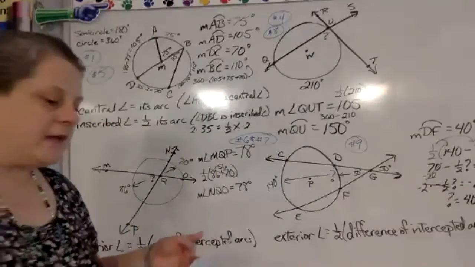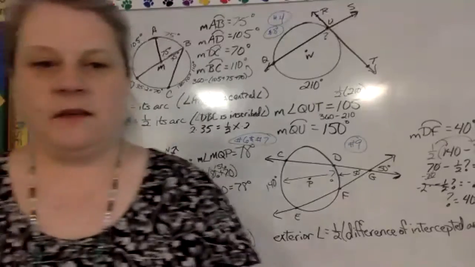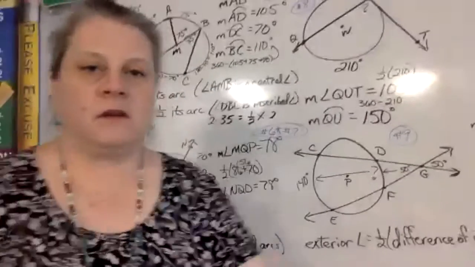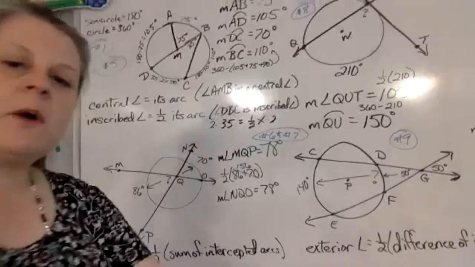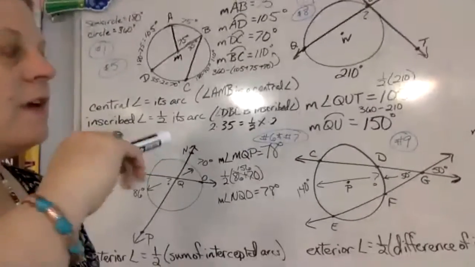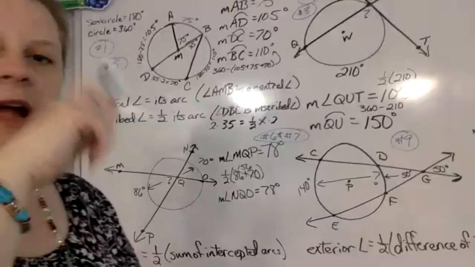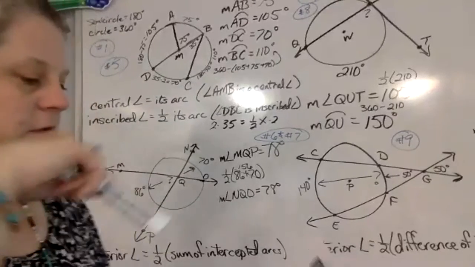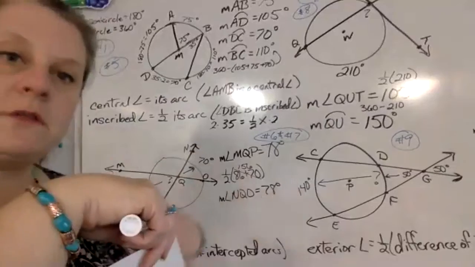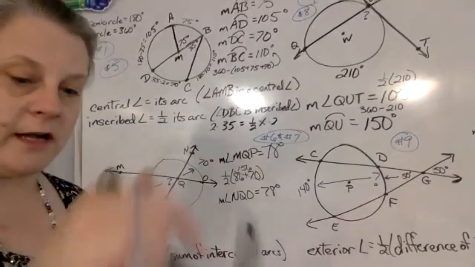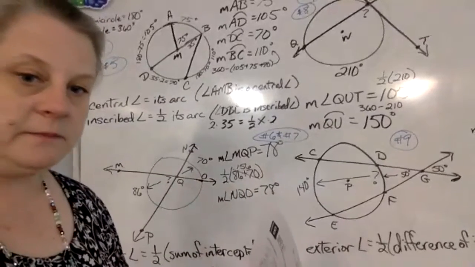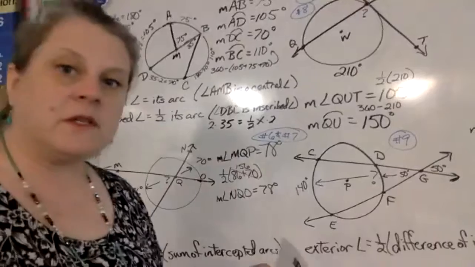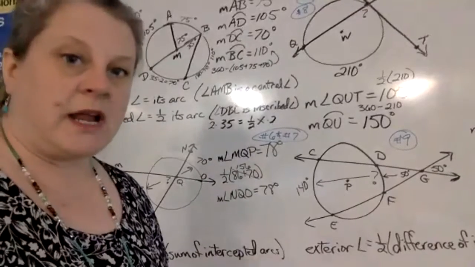So for part A on number 1, it was similar to what we just talked about on number 4. If I want to find the entire arc, I have to add the two pieces together. So that's all you had to do for part A, which most of you who turned in your answers did correctly.